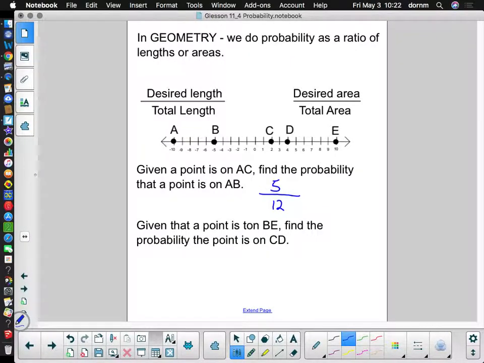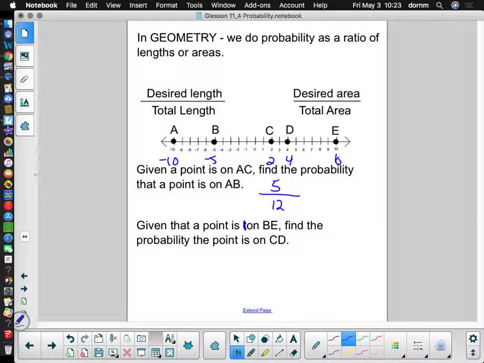Given a point is on BE, we already know B is at -5, E is at 10, C here is 2, and D is at 4. I'm just going to make those numbers bigger so you can see them. Given a point is on BE, find the probability that the point is on CD.